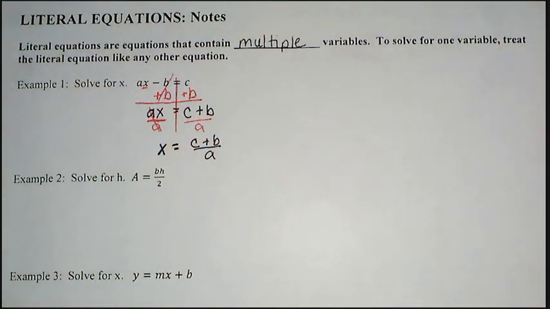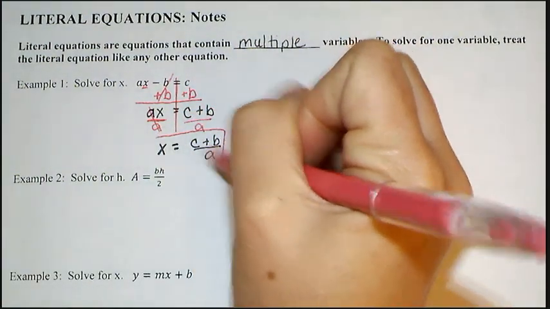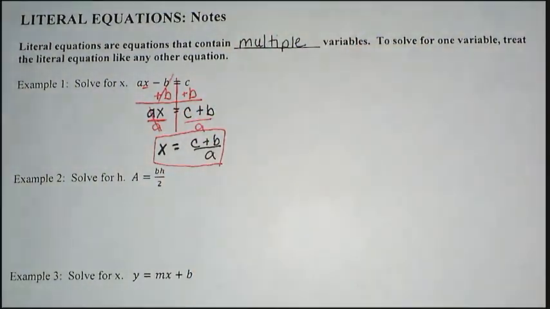And that's my final answer. So I'm going to just put a box around it. Notice I didn't get an actual number answer. I'm getting an expression or an equation in this case, and that's okay. We're not always going to get a number answer. In fact, in literal equations, we pretty much never get a number answer. We're going to get an equation as our answer.